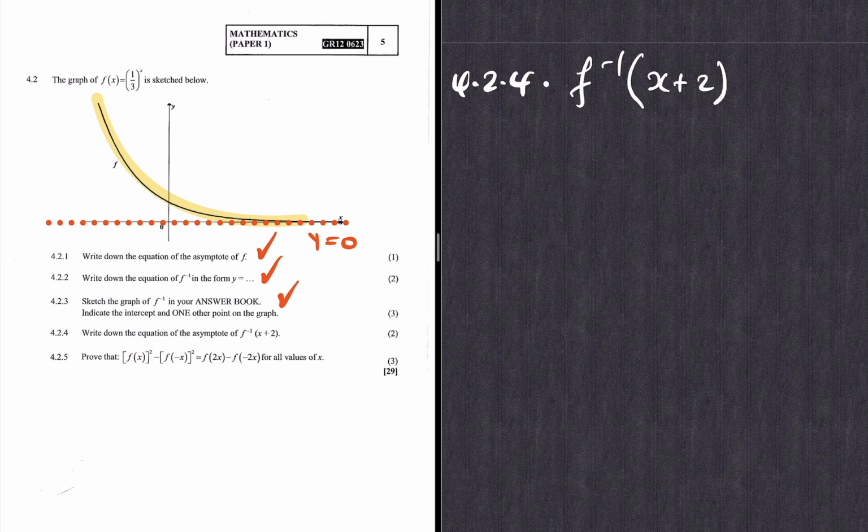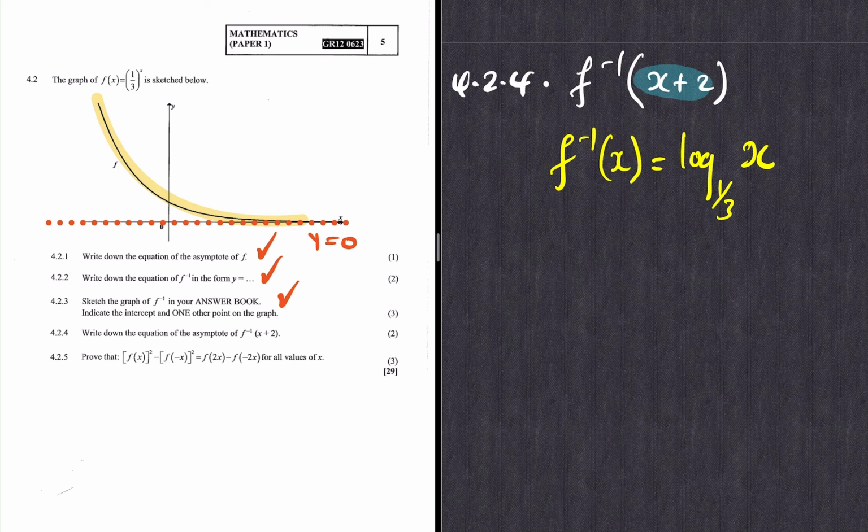So in the inverse function, wherever there is x, I'm going to substitute with x plus 2. What is the inverse, by the way? The inverse was given by, it's entirely up to you, log of base 1/3 of x. This was the inverse.